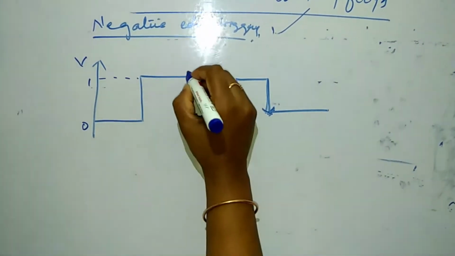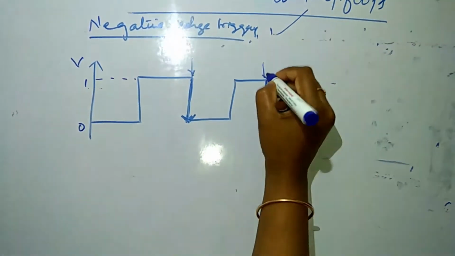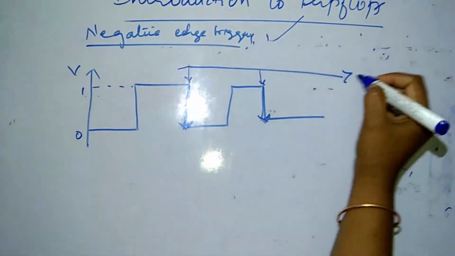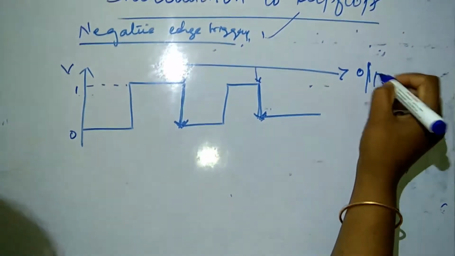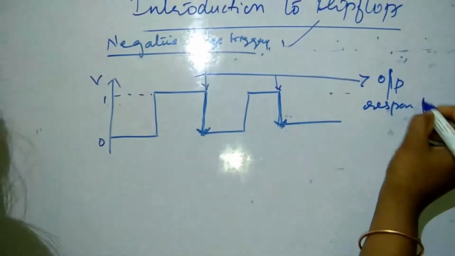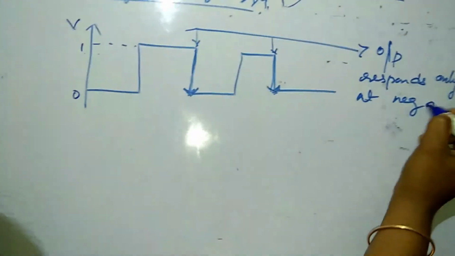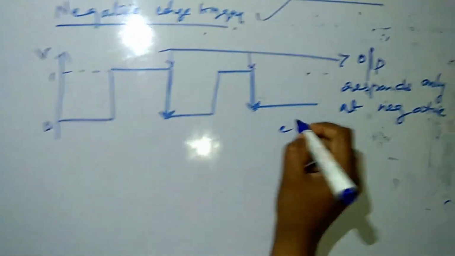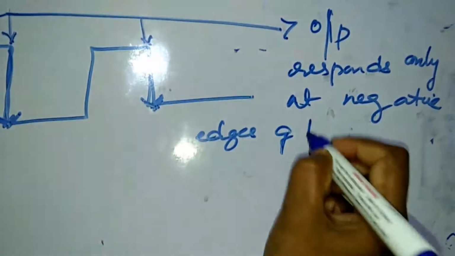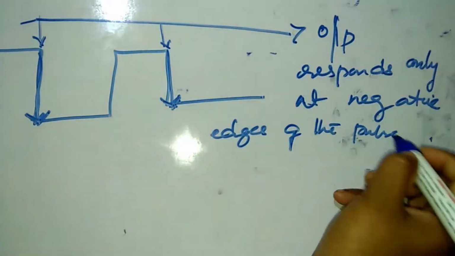You can see here, let me consider this portion and this portion. I can say that my output responds only at negative edges of the pulse. You can see that, right?